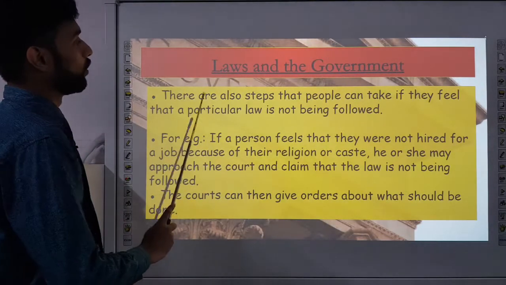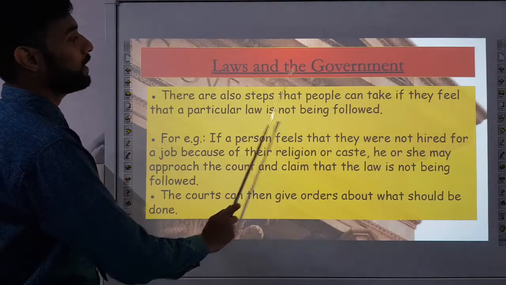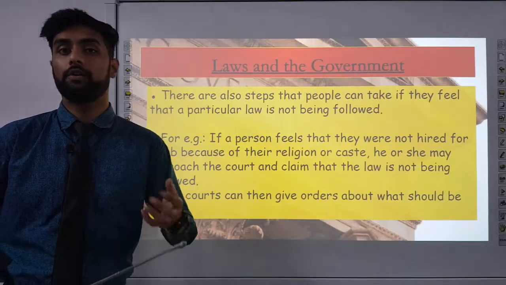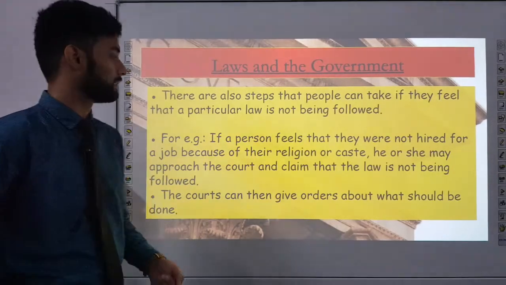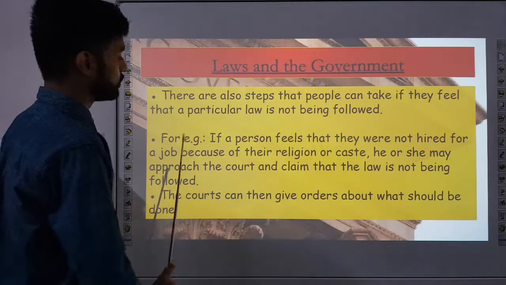Next, there are also steps that people can take if they feel that a particular law is not being followed. For example, you are living in a society, okay? If you feel that a particular law is not being followed, then you can report it to the authorities, to the police stations. For example, if a person feels that they were not hired for a job, okay?